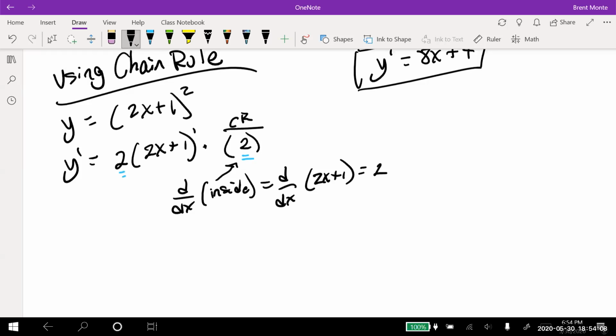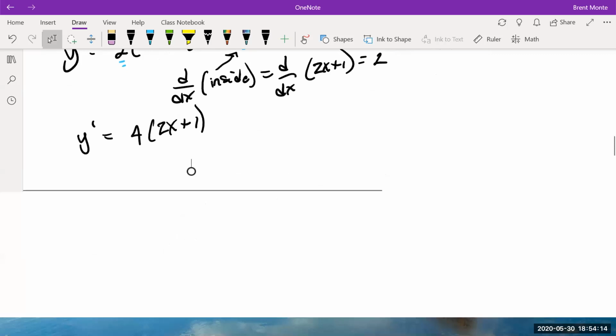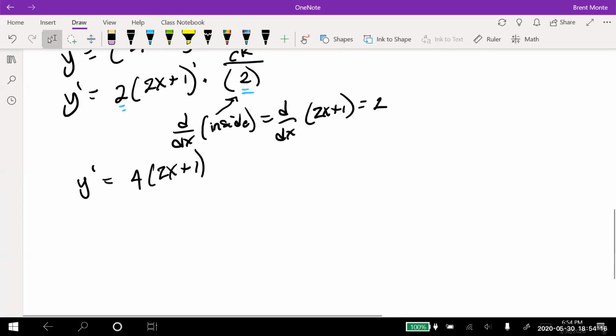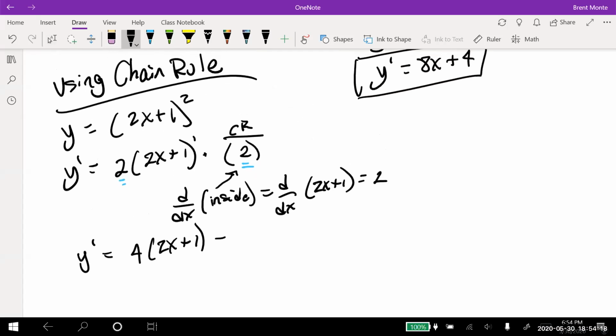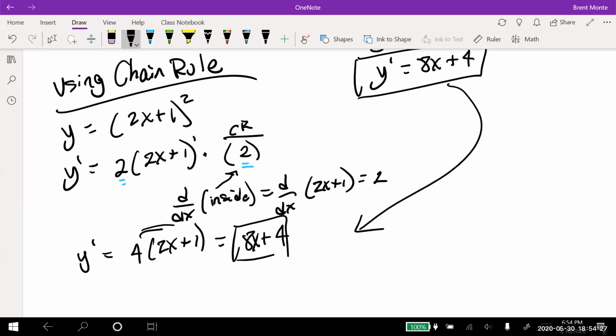And notice what I get is y prime is 4 times (2x plus 1). Wow. And if I just multiply all that out, I distribute, I get 8x plus 4. Oops, forgot my x. 8x plus 4, which, check, it is the answer from above.